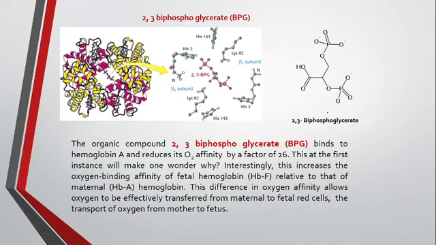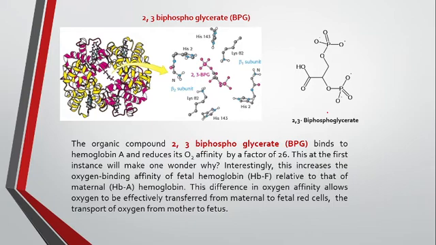Next is the organic compound, that is BPG, 2,3-bisphosphoglycerate. It binds to hemoglobin A and reduces its oxygen affinity by a factor of 26. This at the first instance will make one wonder, why?